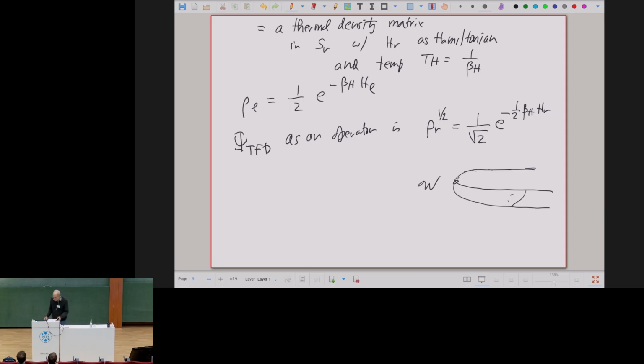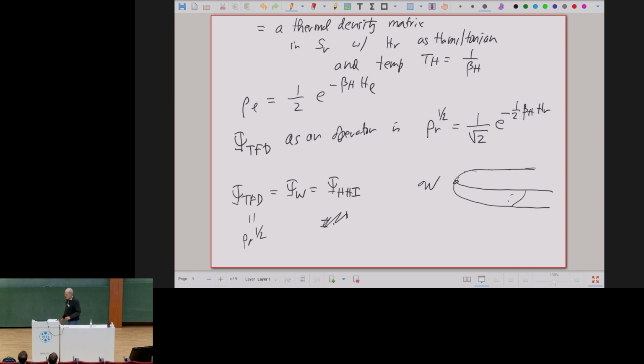So therefore, since the path integral on W by definition is the state psi W, which we also decided was the Hartle-Hawking-Israel state, we learned that the thermofield double state, rho R to the 1/2, is just the Hartle-Hawking-Israel state.